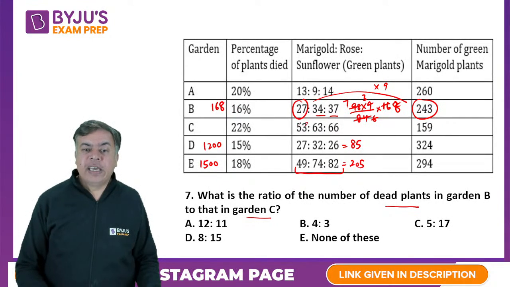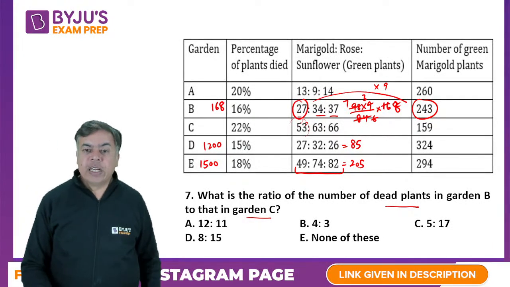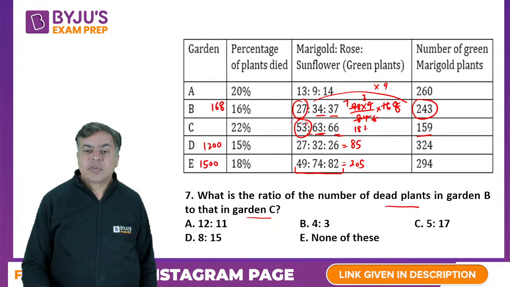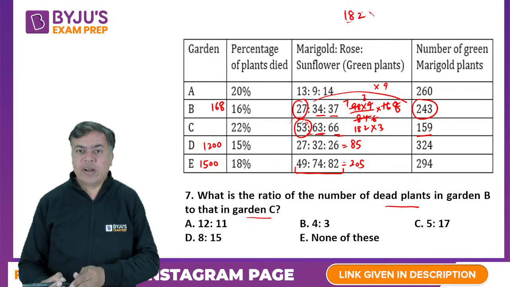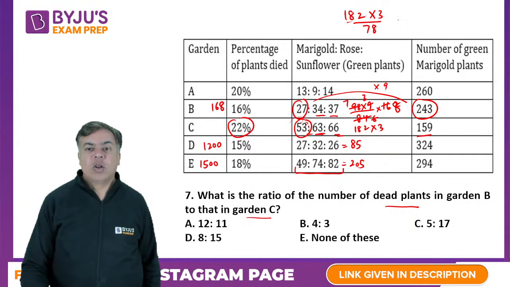And in case of C, it is 53 into 3. So 53, 63, 66. So 60, 60, 129, 129, 3, 132, 182. 182 into 3 will be the 78%, because 22% died.